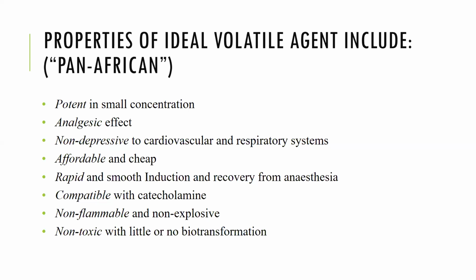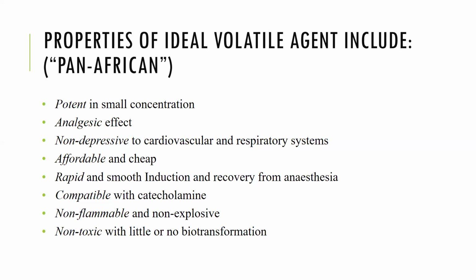P: must be potent in small concentration. It must have both anesthetic and analgesic effect. It must be non-depressive to the cardiovascular and respiratory system. It must be affordable and cheap, one of the things that is still going for halothane in some areas. It must have rapid and smooth induction and recovery from anesthesia.